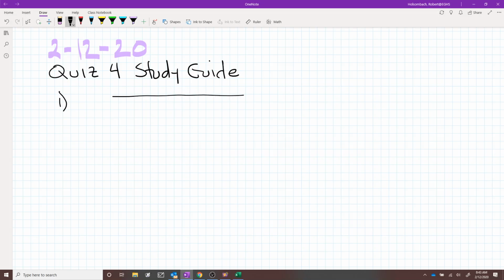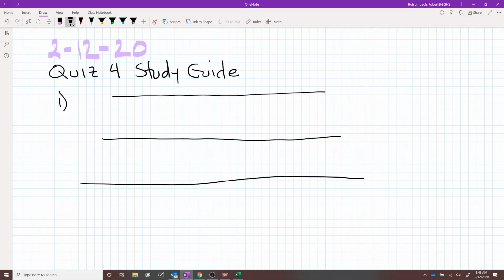You've got 3 horizontal lines. You've got a kind of tower thing over here. You've got a person, and you've got an airplane. And then you've got these different angles.